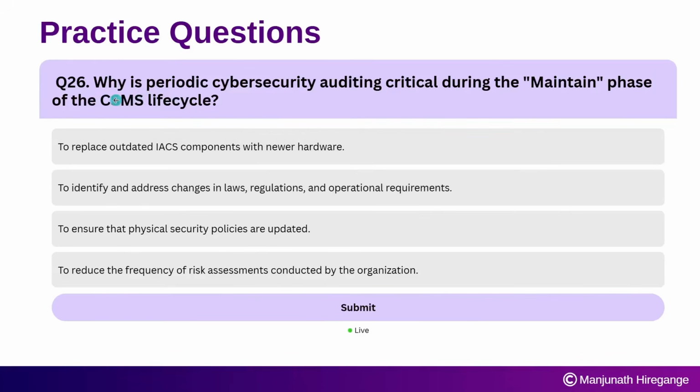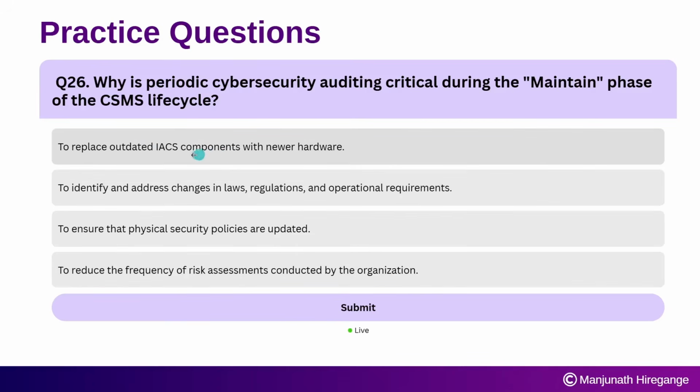Question number 26. Why is periodic cybersecurity auditing critical during the maintain phase of the CSMS lifecycle? To replace the outdated IACS components with newer hardware, to identify and address the changes in laws, regulations, and operational requirements, to ensure that physical security policies are updated, to reduce the frequency of risk assessment conducted by the organization. So, what is the right answer?